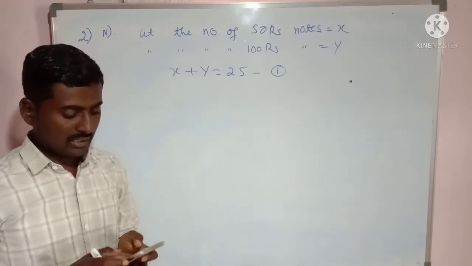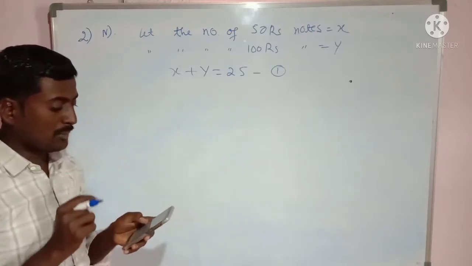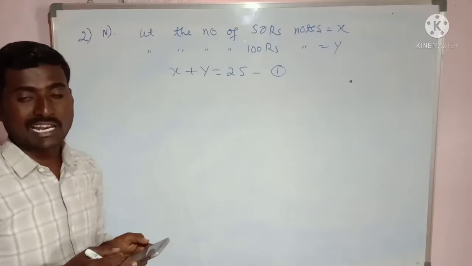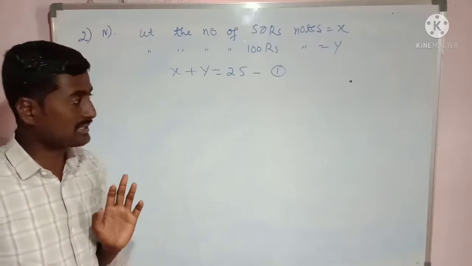Now here, total how much rupees she received from the cashier? She received 2000 rupees.